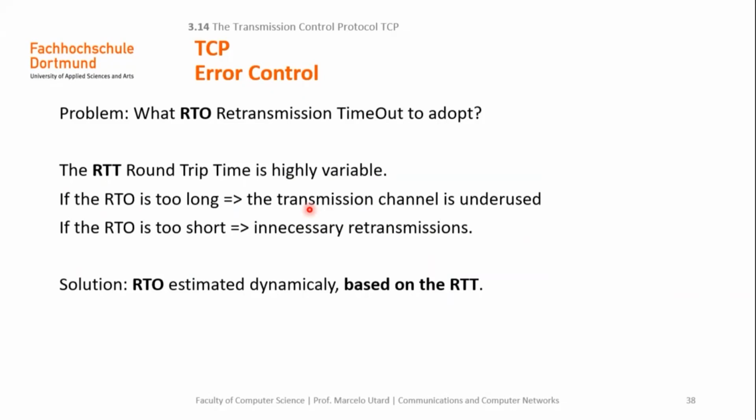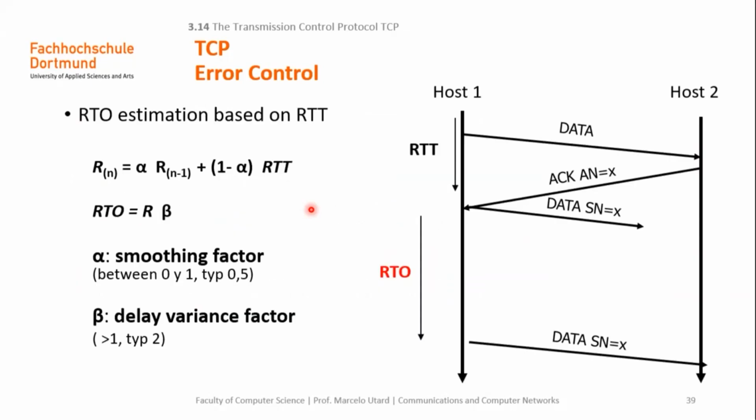We are able to measure it on the transmitter side of the communication, and based on that round trip time, we could establish the retransmission timeout. Typically we send data, we receive the acknowledgement of this data, and then we could measure the round trip time.